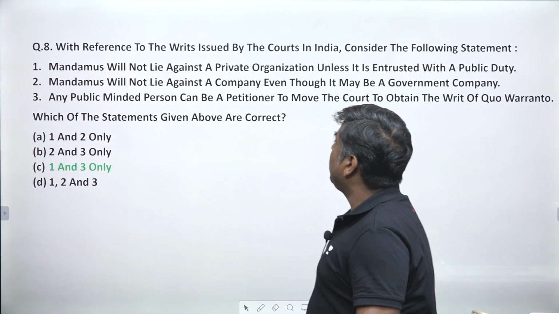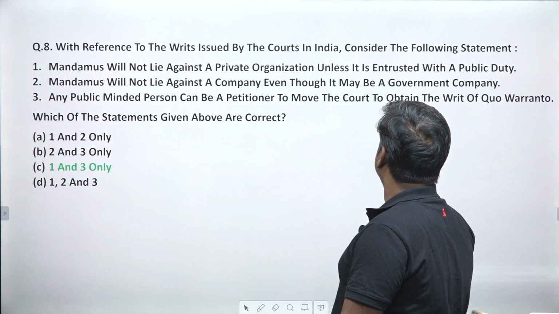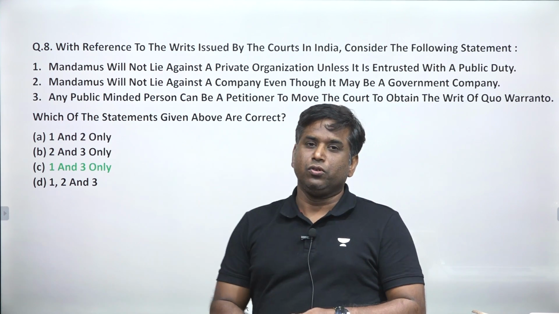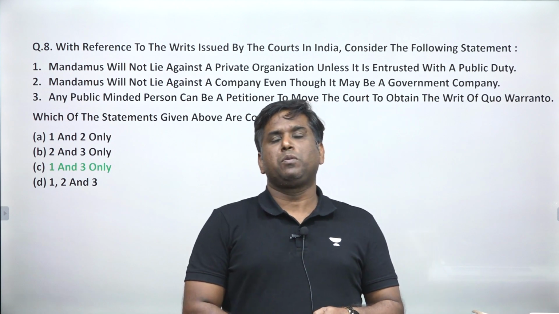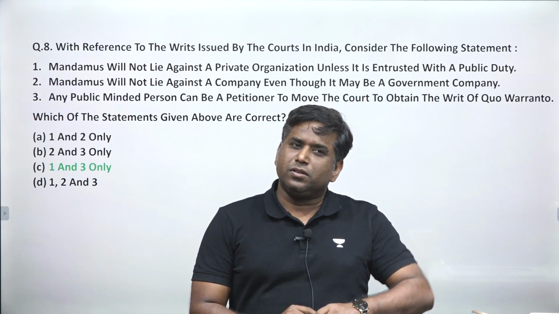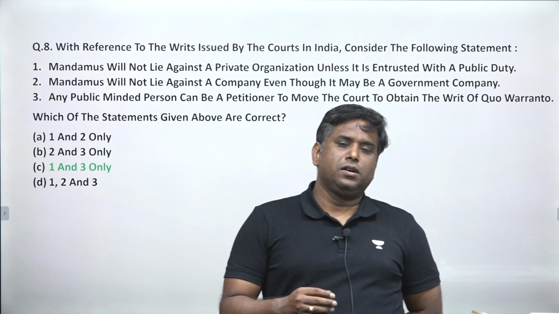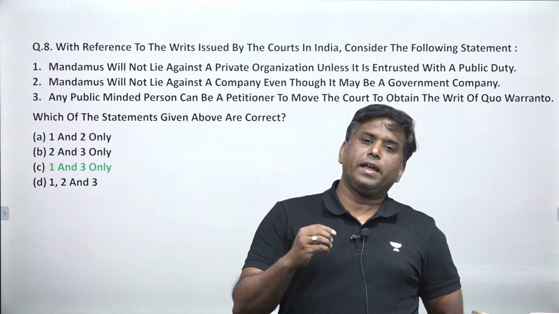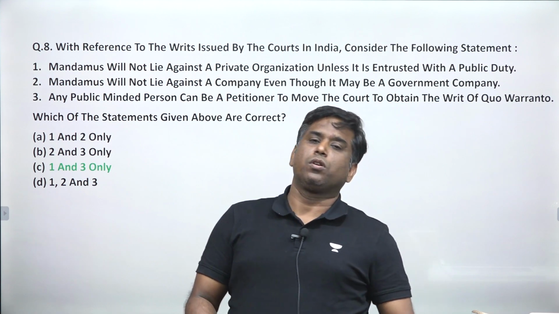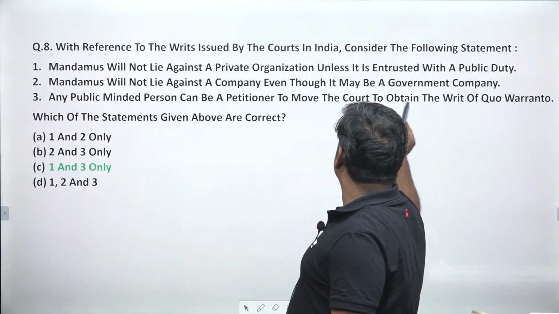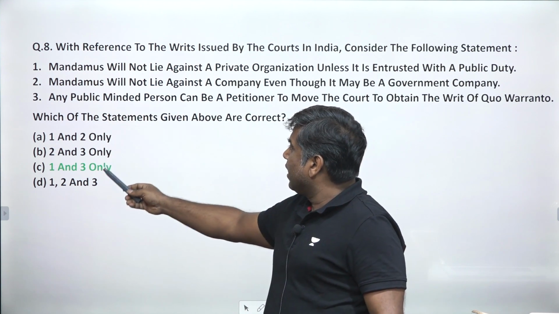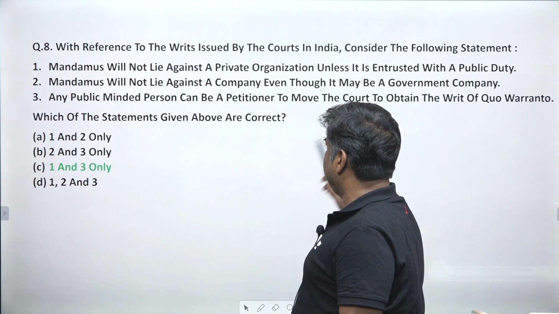And any public-minded person can be a petitioner to move the court to obtain the writ of quo warranto. Yes, that is true. Quo warranto is the type of writ where the person is not directly a party to it, but still he or she holds the right to go to the court to demand quo warranto. So, technically it should be 1 and 3; statement 2 is incorrect.